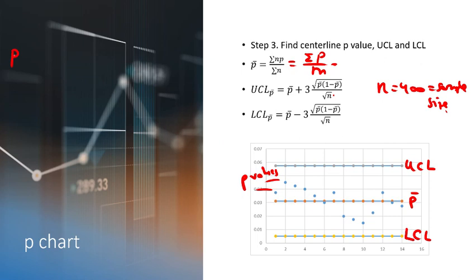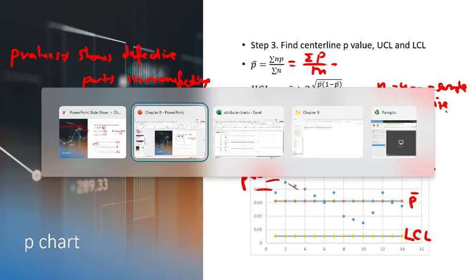I should note it again, the p values show defective parts in manufacturing, how your defective parts look in your manufacturing facility. You can see it is randomly distributed. That's okay, and everything is within the limit range.